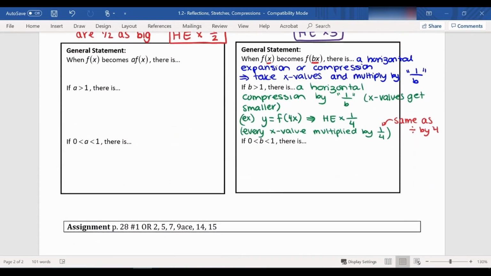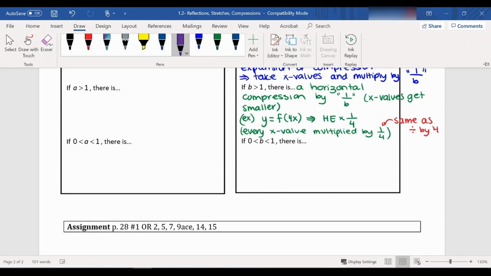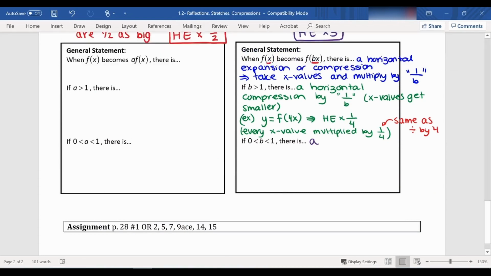So the last one is if b were between 0 and 1, so if it's a fraction, there is a horizontal expansion by 1 over b. But on this one, because b is a fraction, your x values are going to get larger.